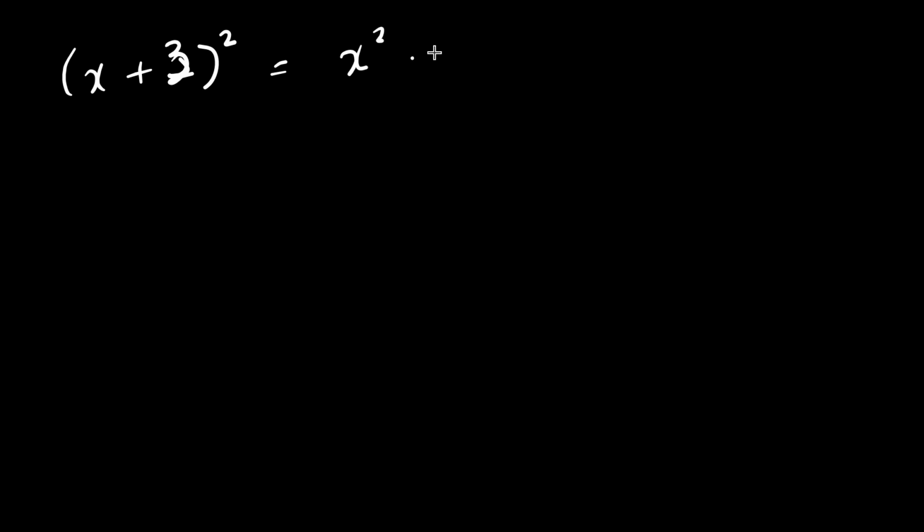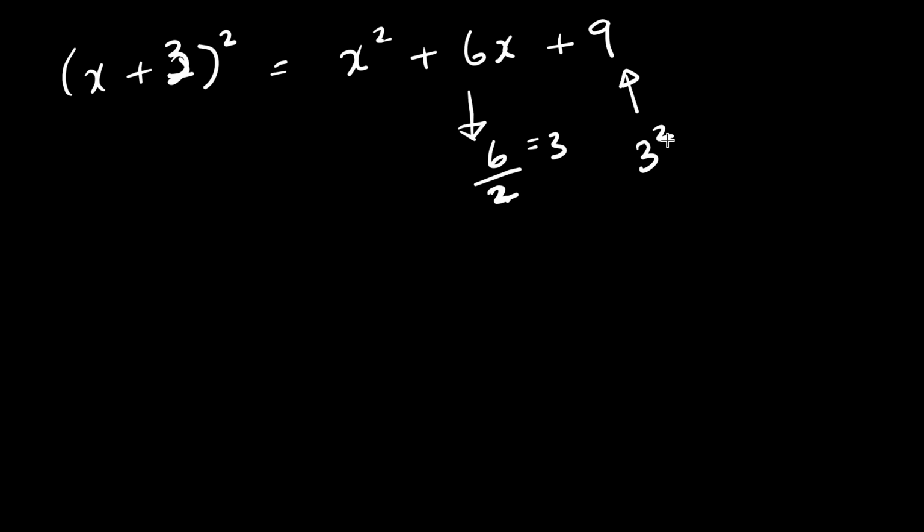We had x squared plus 6x plus 9. If you were to half the middle term, you get 3. And then the last term is going to be that half squared. So effectively, if I can half the middle term and then square it to give me the last term, that's a perfect square, which means that I can factorize easily.